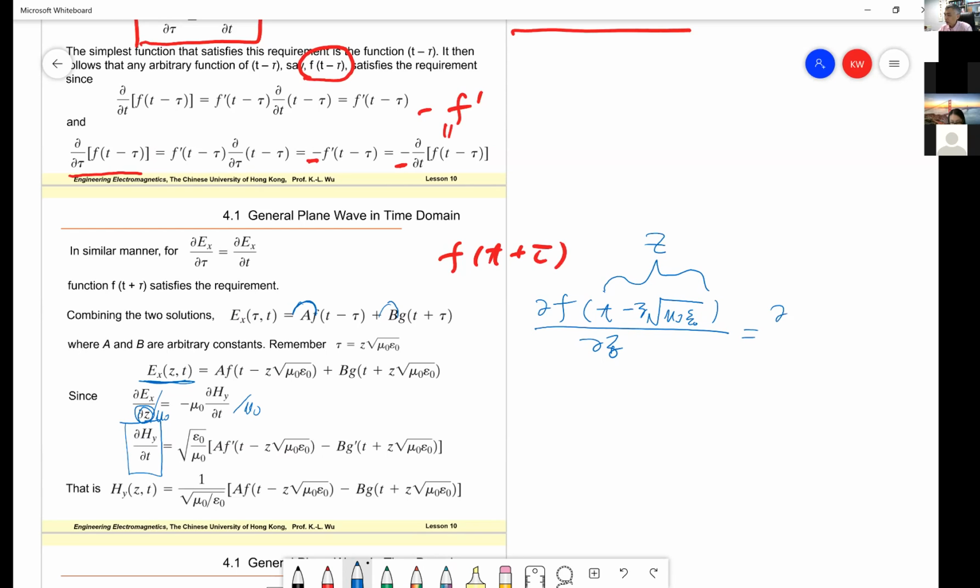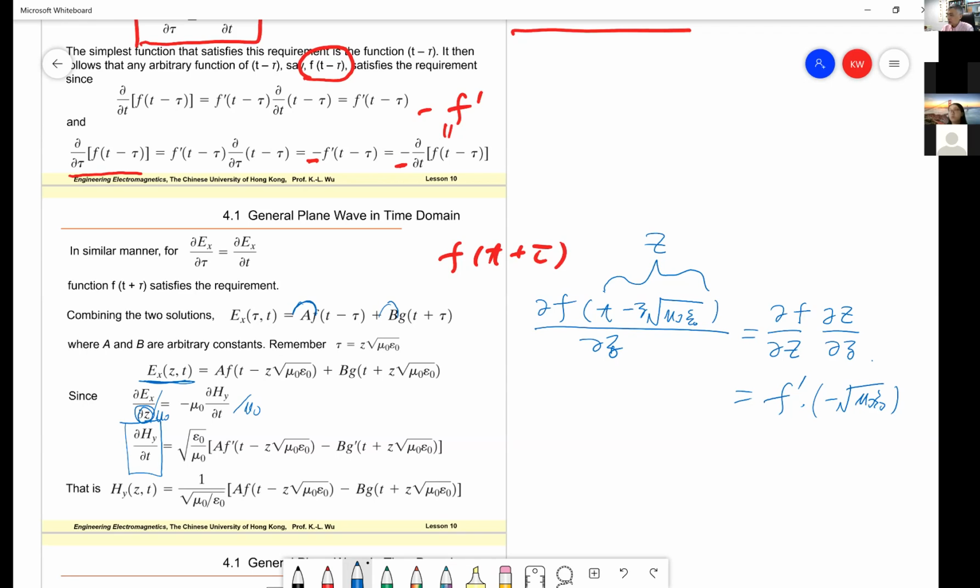So this is equal to partial f, partial capital Z, then partial capital Z, partial small z, right? This we call prime. Then the second term, partial z, is a minus, multiplied by this.